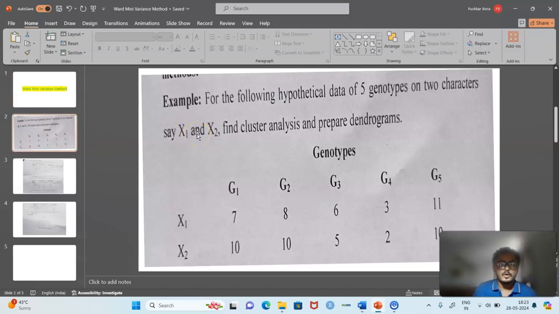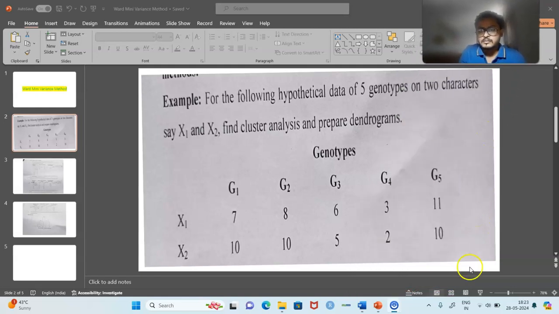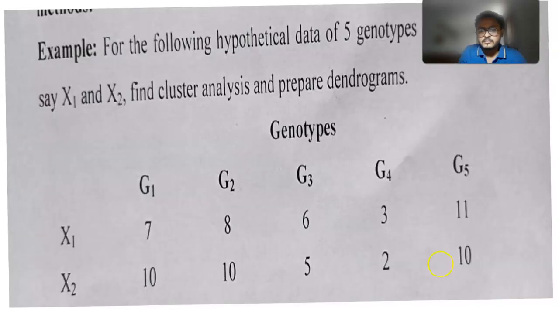So the numerical is for the following hypothetical data of 5 genotypes on two characters, say x1 and x2.